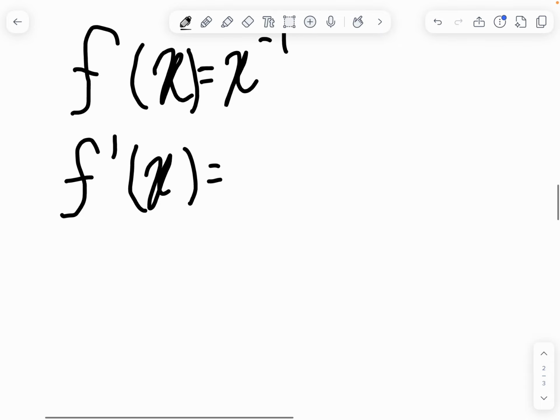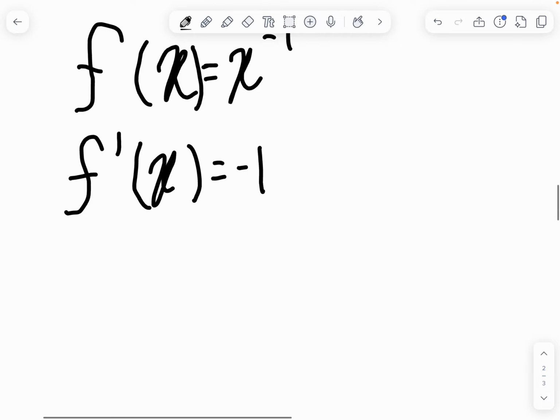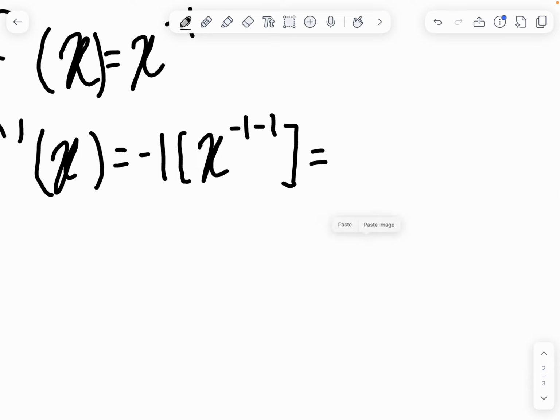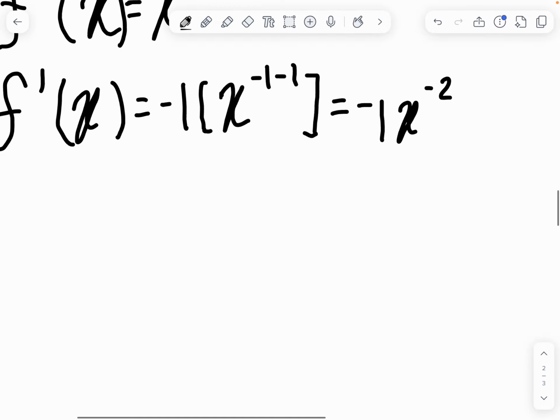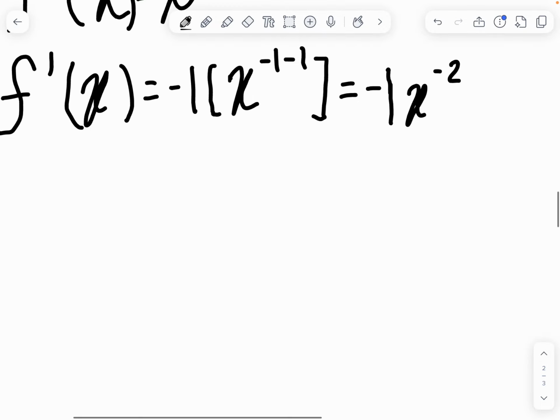Okay, well, it's negative 1 times x to the power of negative 1 minus 1. And this equals negative 1 x to the power of negative 2. And this isn't really a clean format.